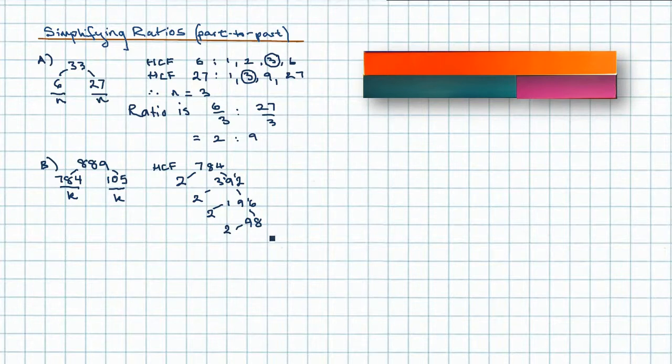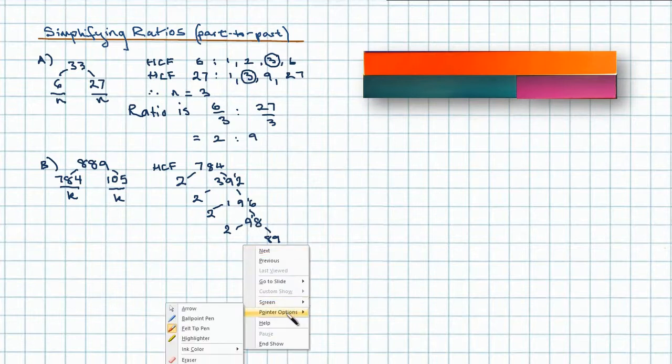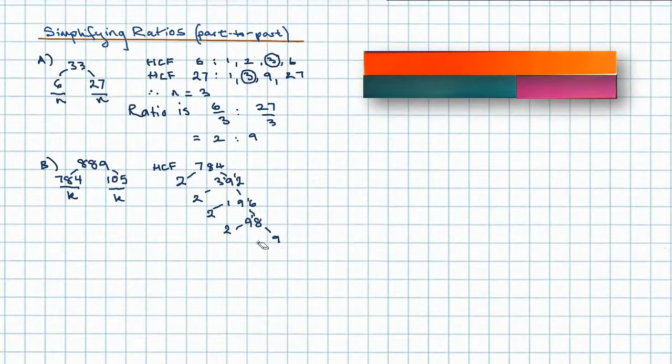We can still divide by 2. 2 into 9 is 4, carry 1, 2 into 18 is 9. So we end up with 49.